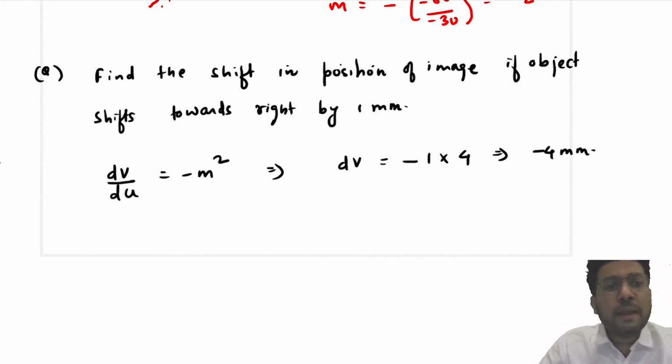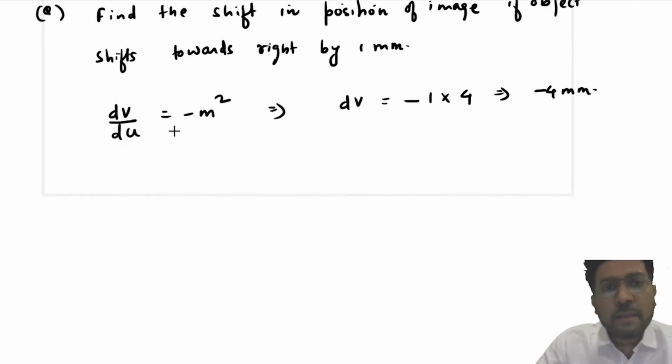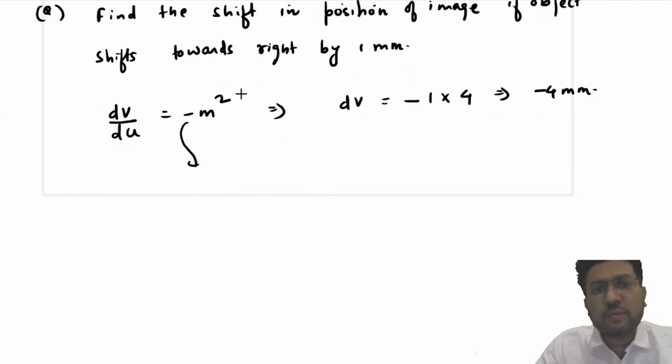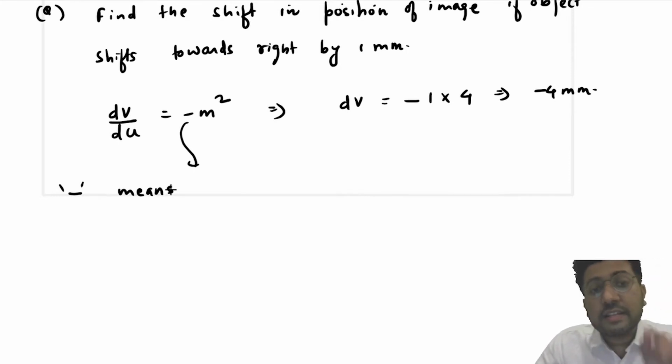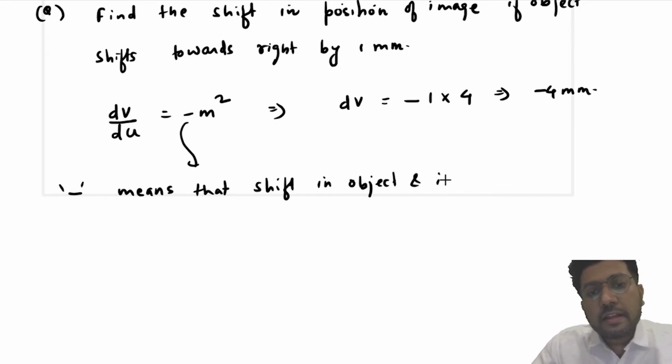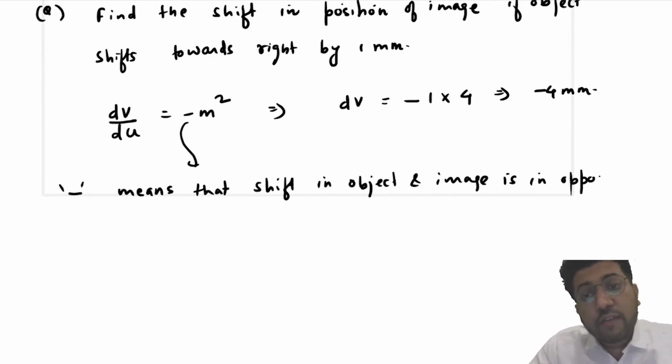Now what do you mean by minus? Because m square is a positive quantity, so shift in object and shift in image will always be in opposite direction. So the negative sign means, this is the theory A, listen carefully. The negative sign means that shift in object and image is in opposite direction, always.